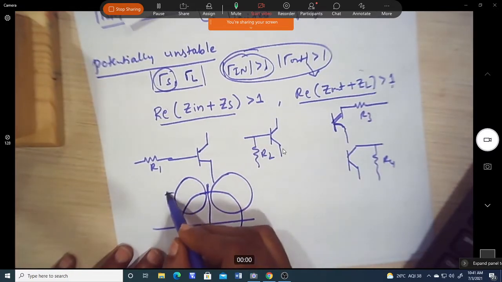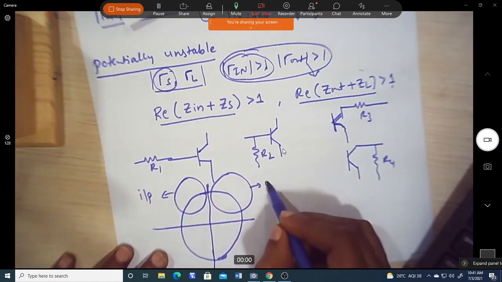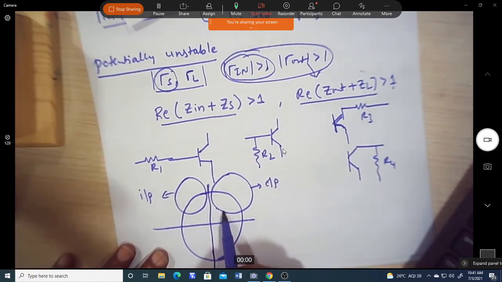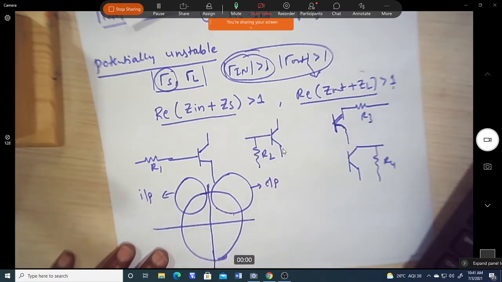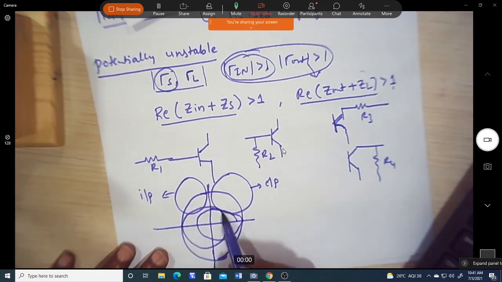Let us take an example: this is the input stability circle and this is the output stability circle. Even if we touch this boundary, the device will become stable. So we have to look at which resistance circles are touching this boundary, or we can have the conductance circle touching these boundaries.